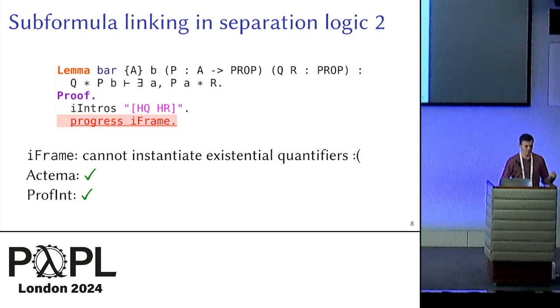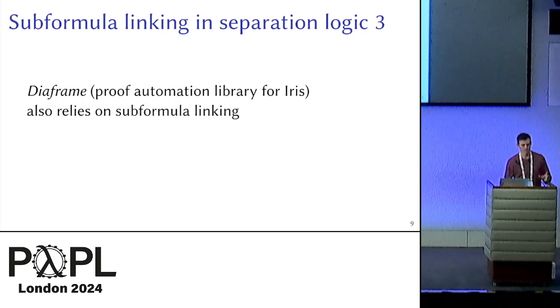Now, there's another place where subformula linking occurs in separation logic, and that is in Diaframe. Diaframe is a proof automation library I develop for Iris, and the main driver behind its proof automation is also subformula linking.